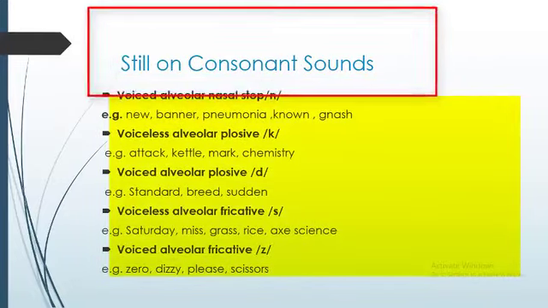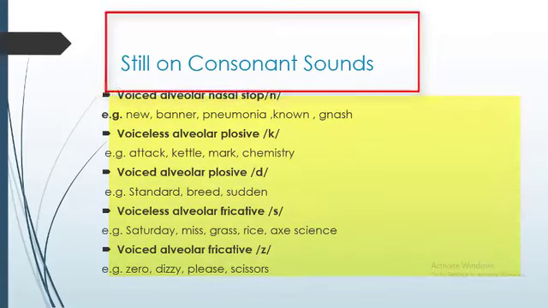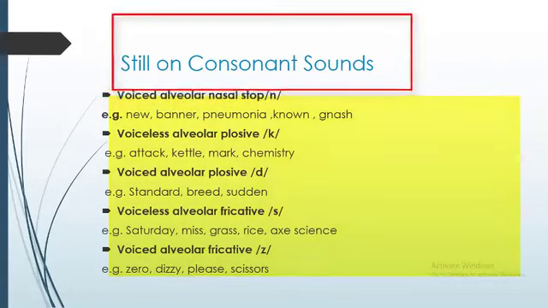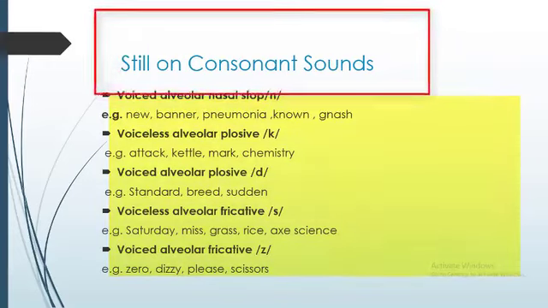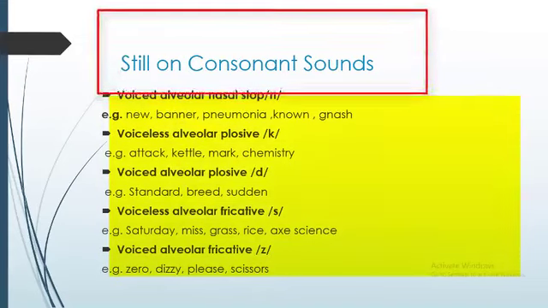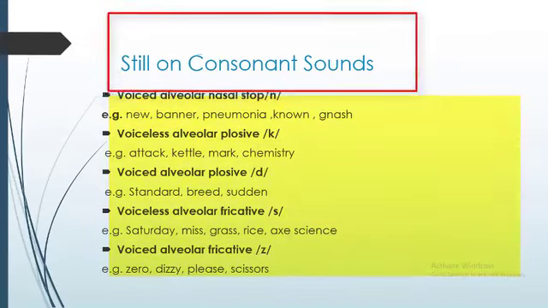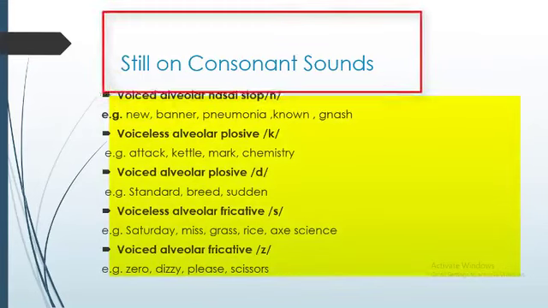Then we have N. It's a voiced alveolar nasal stop consonant sound. Banner, new, pneumonia, known, Nash. Then T. It's a voiceless alveolar plosive consonant sound. So we have it in words like attack, kettle, mark, chemistry. Then we have D. It's a voiced alveolar plosive consonant sound.